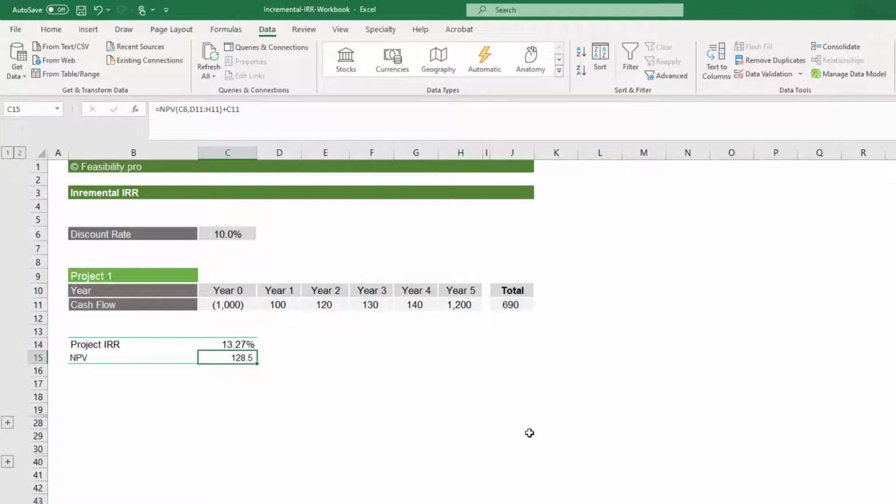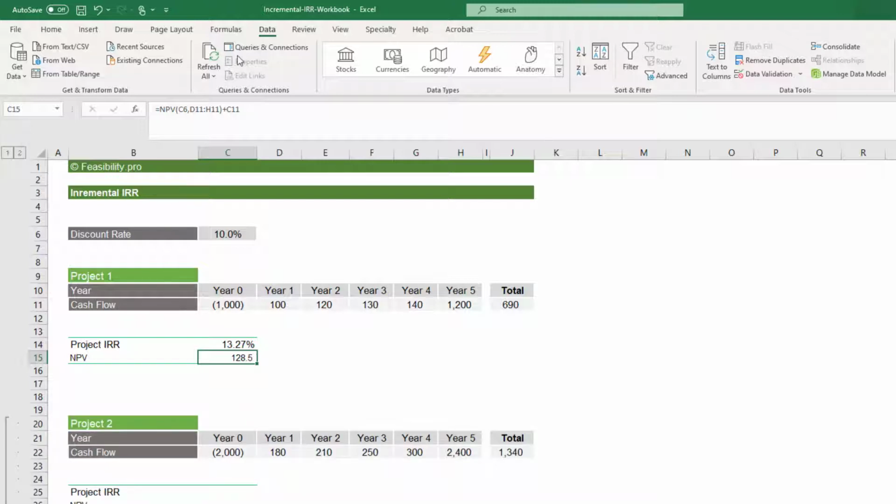Now, when I told you that we are going to use the incremental IRR, that means there is another project. So this is another project which we were talking about, and the cash flow for this project is like this. And again, this is the same duration, not a different duration. We'll calculate the IRR again with the same IRR formula.